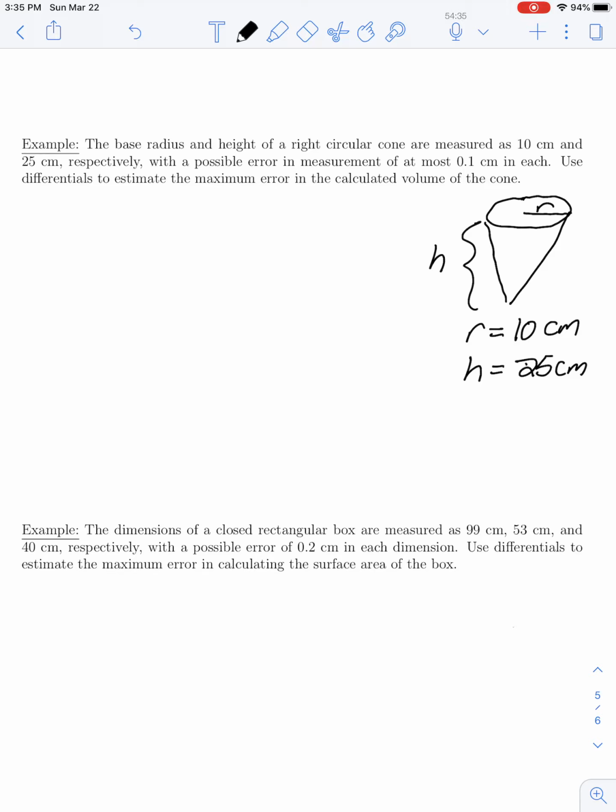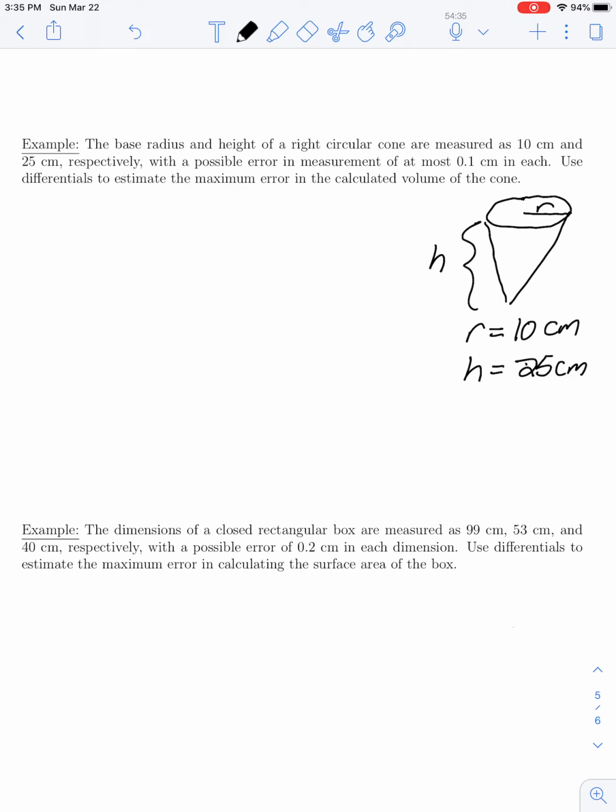And we're told that there's a possible error in measurement of at most 0.1 centimeter in each of these quantities. So there could be some small change in the true height or true radius of this cone.